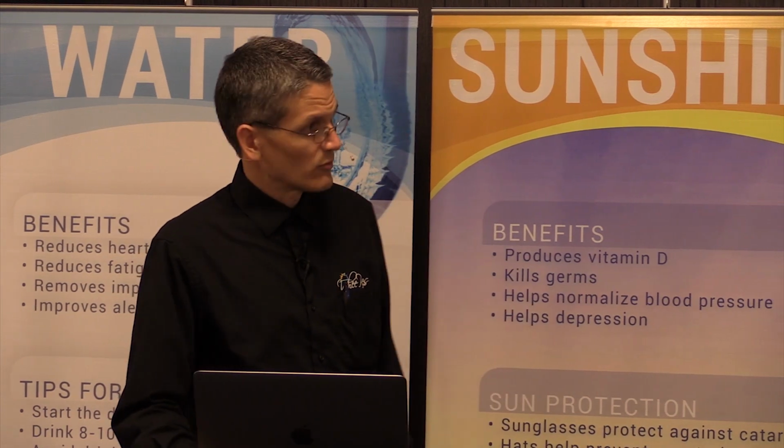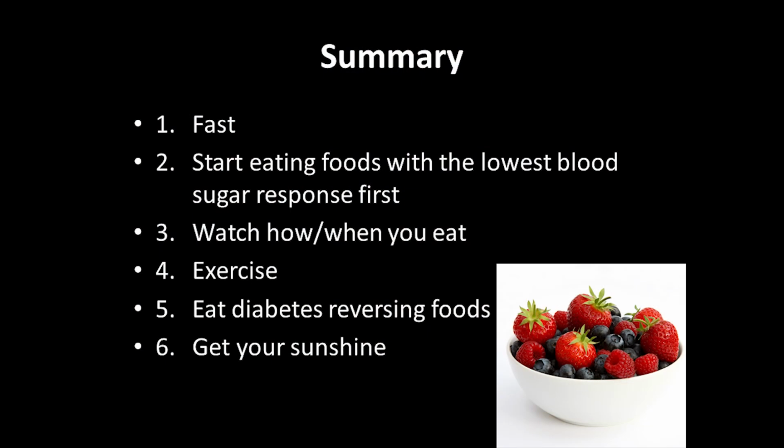And so in summary, what do you do? Well, you fast and then start eating foods with the lowest blood sugar response first. And then you watch how and when you eat. Remember, chew slow, have breakfast and lunch, nothing in between meals, at least 5 hours spaced apart. Get your exercise, especially after meals.